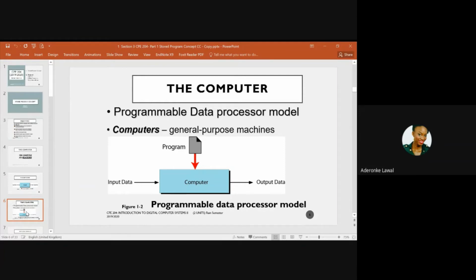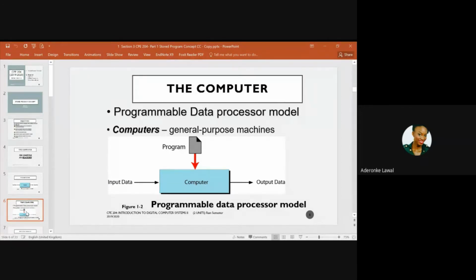For instance, an ATM machine is a general purpose machine because the only thing it's there for is for you to withdraw money and do banking transactions. You can't say, oh, because an ATM is a computer, I want to use it to calculate something quick, or I want to use it to quickly print something.